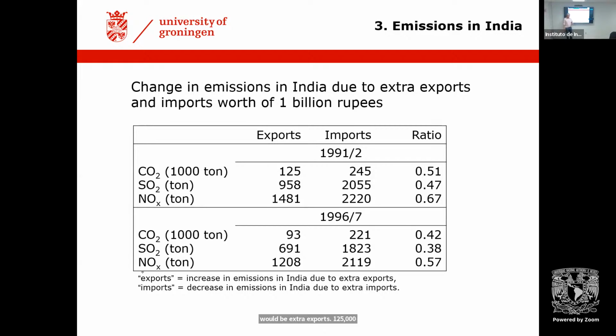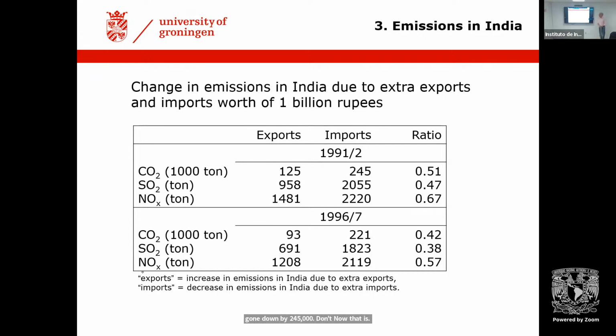If the imports in India had gone up, its emissions would have gone down because they don't have to produce certain products at home anymore. They import them, and then their emissions would have gone down by 245,000 tons of CO2. Now that is a serious message.